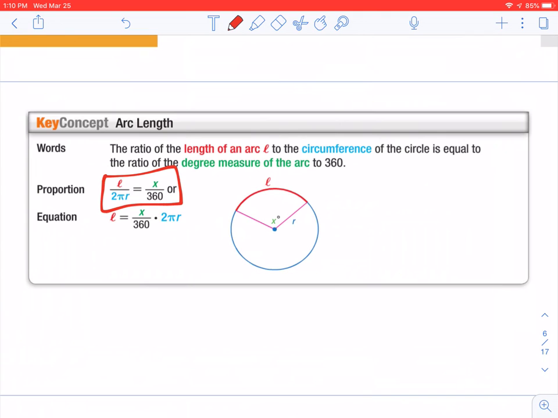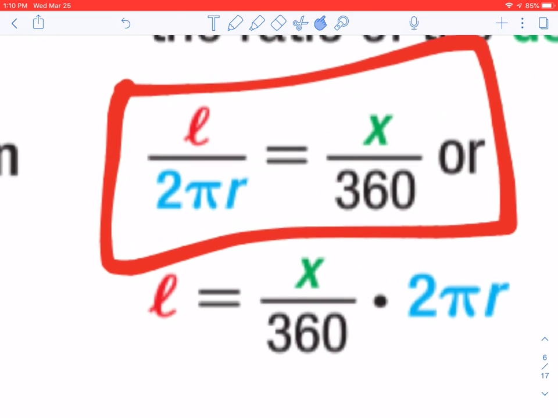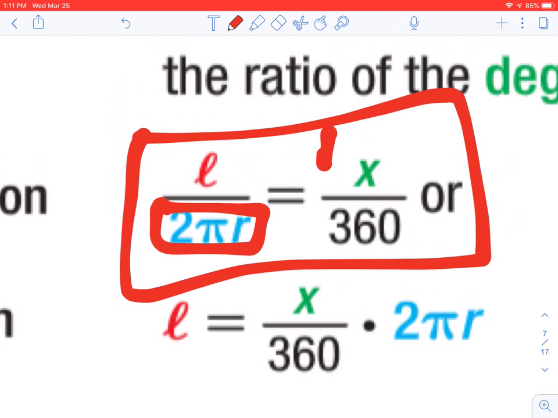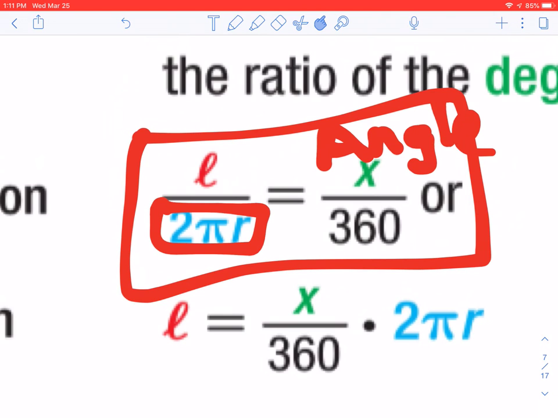L is length, 2 pi r. I'll zoom in there. That 2 pi r right here, that's your circumference. And then we have x, which we're actually going to call this angle, over 360.